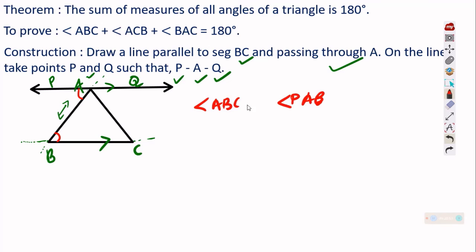both these are equal. Why? Because they are alternate angles. Why alternate angles? PQ is parallel to BC and these are alternate angles. AB is the transversal here.